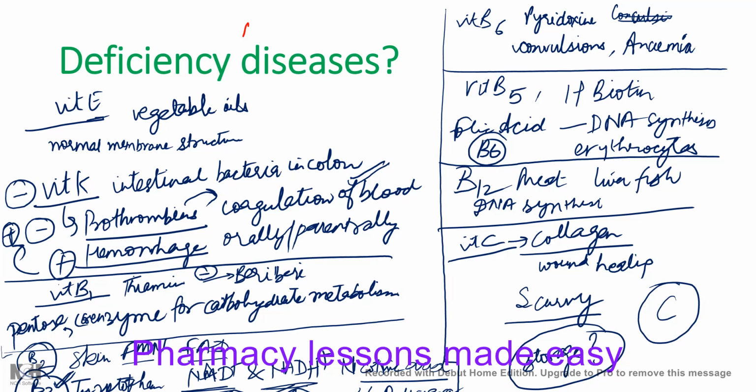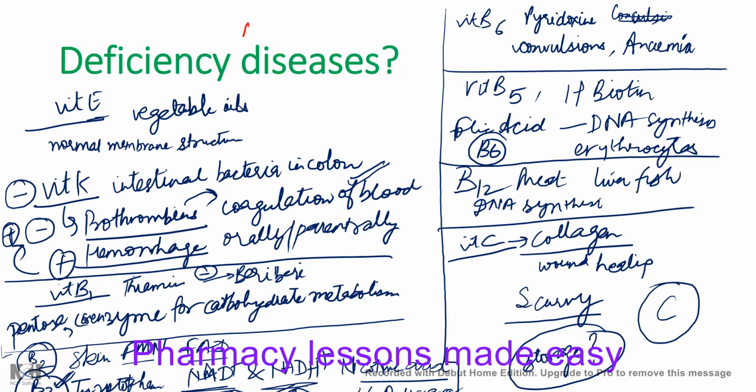Pantothenic acid is involved in coenzyme A, which is involved in the transference of acetyl group. If we talk about biotin, it is helpful in the carbon dioxide fixation reactions. If we talk about folic acid, this is related to tetrahydrofolate or tetrahydrofolic acid, which is involved in various reactions that involve single carbon compounds.